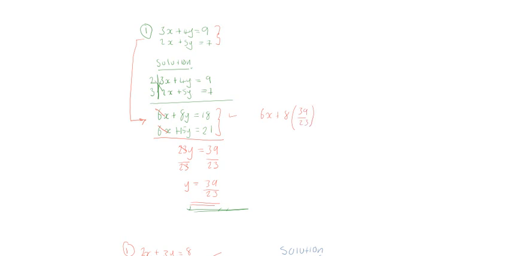This question had big numbers. 6x plus, at this stage, I'm going to multiply 8 times 39 divided by 23. So 8 times 39, this one is giving us a big value.